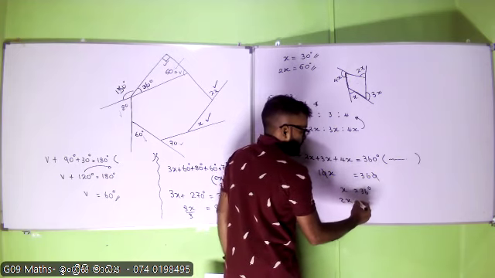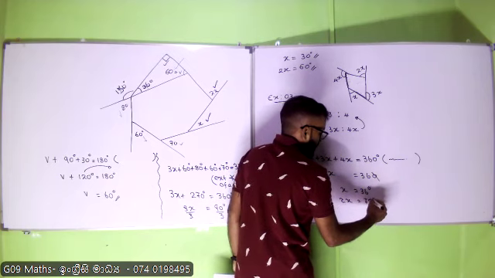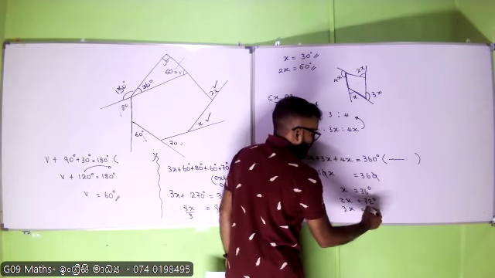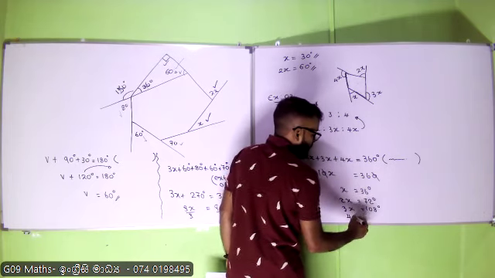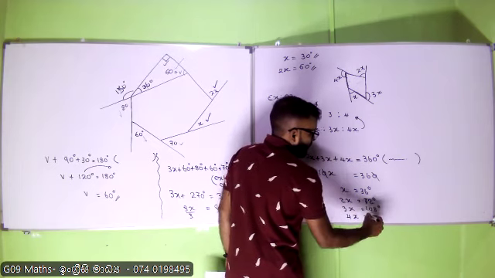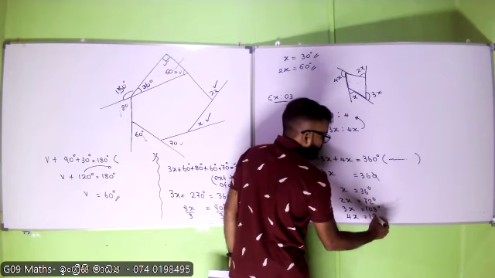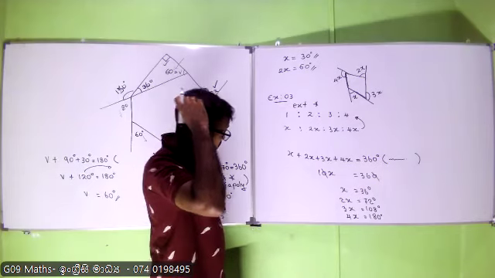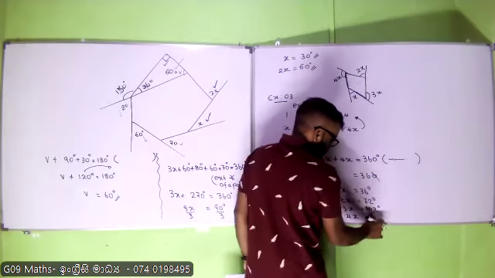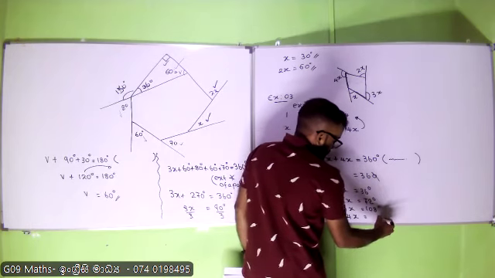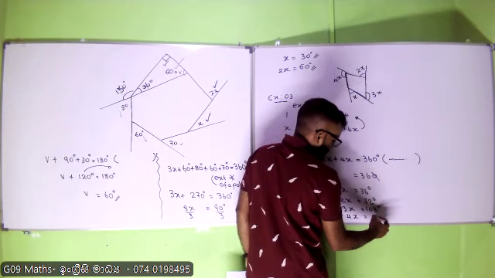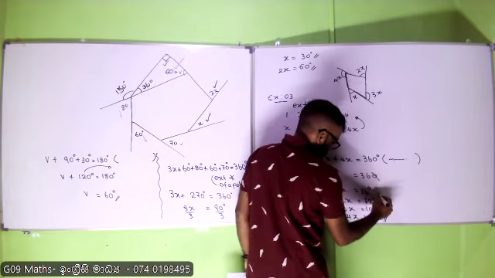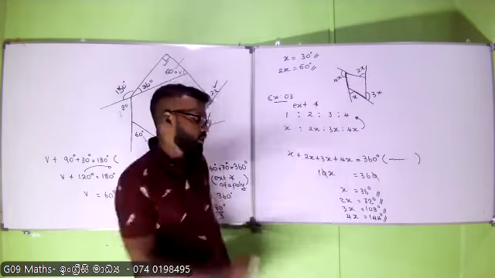So you can obtain 2x, 72 degrees. You can obtain 3x, and 4x, which gives you 140. So x, 2x, 3x, 4x, this should be your answer.